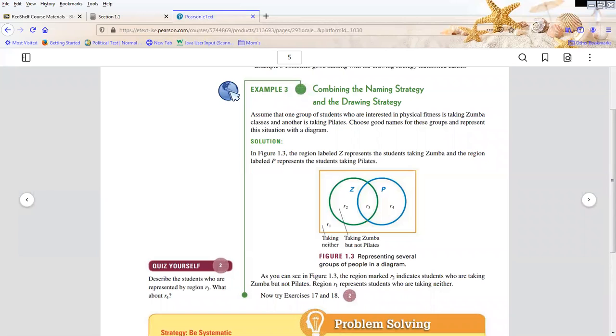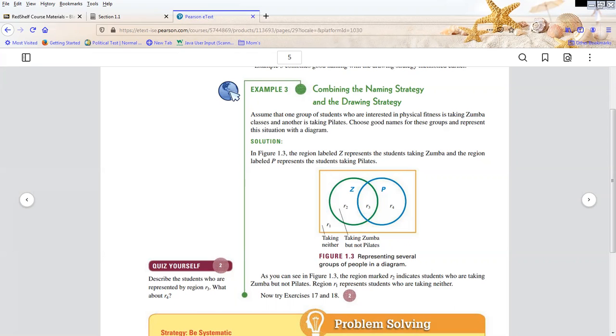All right, in Quiz Yourself question number 2, we're asked to describe the students who are represented by the region R3 and also then the region R4. So looking at our figure 1.3, Z represents students taking Zumba and P represents students taking Pilates.